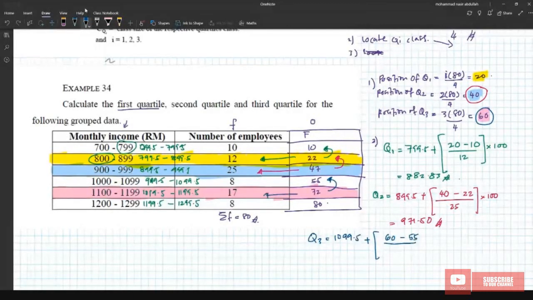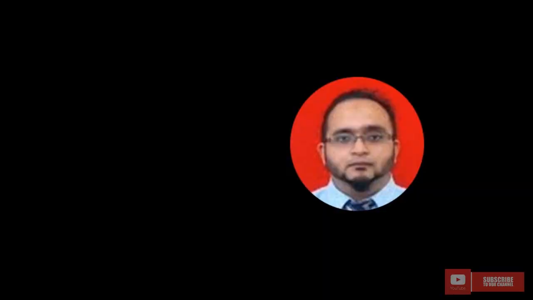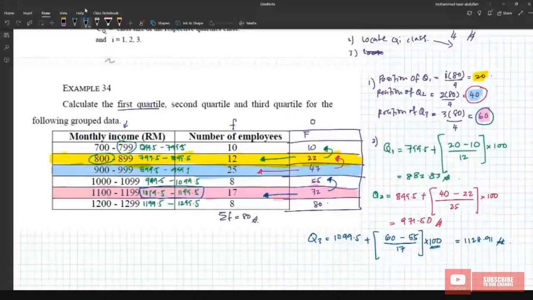We need to multiply with the class size. The class size is 1199.5 minus 1099.5, equal to 100. So this should be equal to 1128.91. So this is how we calculate quartile for grouped data and ungrouped data.